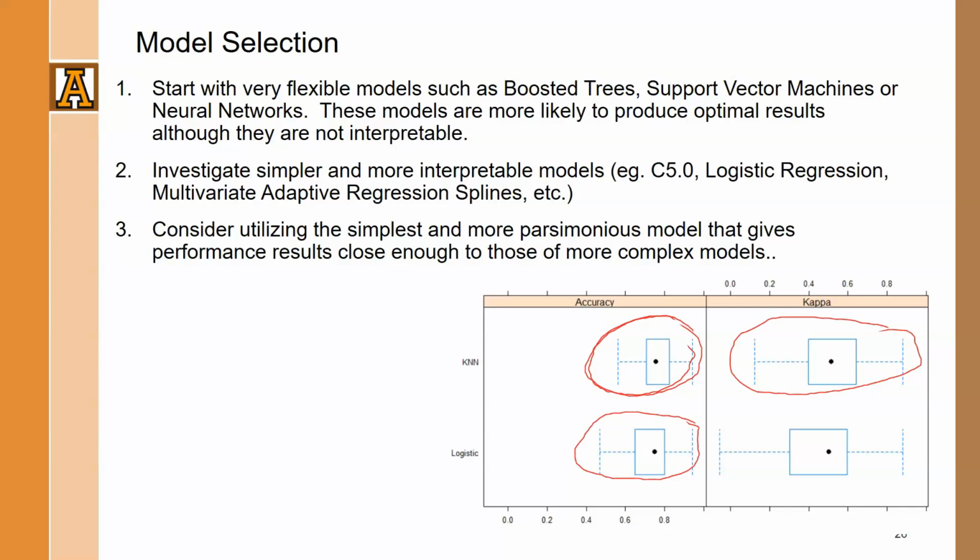And see the accuracy, the maximum is here and here, right? So the maximum accuracy that I achieved is very similar. The medians are also very close. The smallest value for the accuracy that I obtained with KNN is larger than the smallest one for the logistic regression.